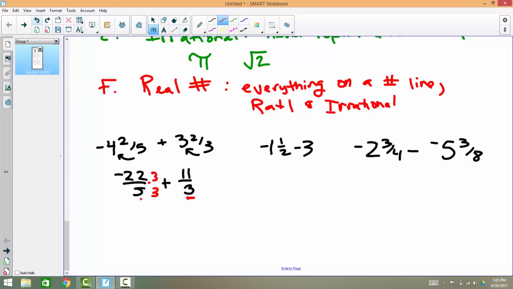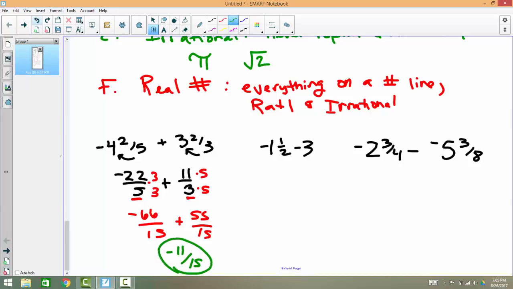And this one, the denominator here is 5, so multiply these by 5. So now you have -66/15 plus 55/15. And then 55 and -66 is just -11. Probably the easiest way to do that problem.